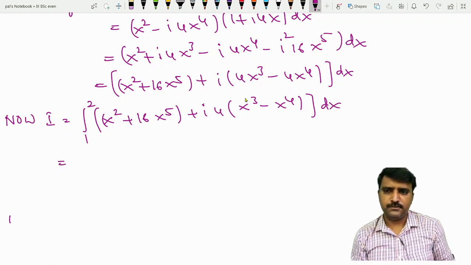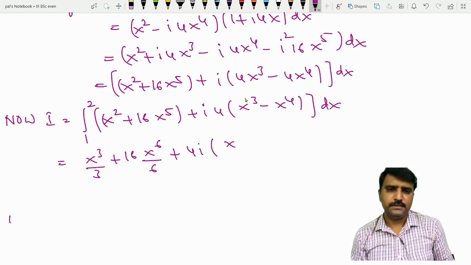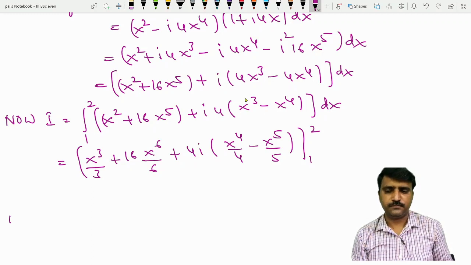This is equal to integration of x square is x cube by 3 plus 16 into integration of x to the power 5 is x to the power 6 by 6 plus this is 4I into its integration x to the power 4 by 4, its integration x to the power 5 by 5, with the limits 1 to 2.